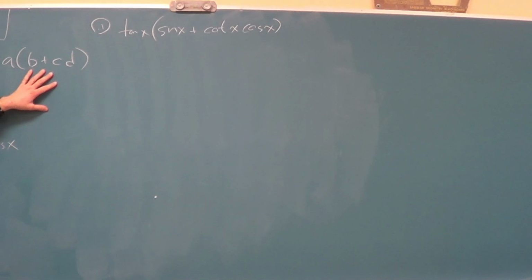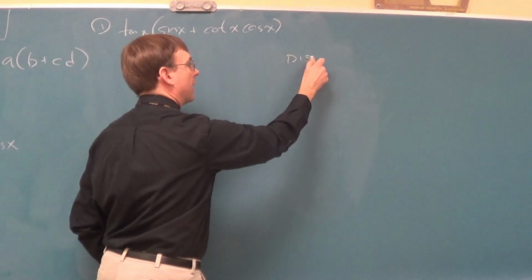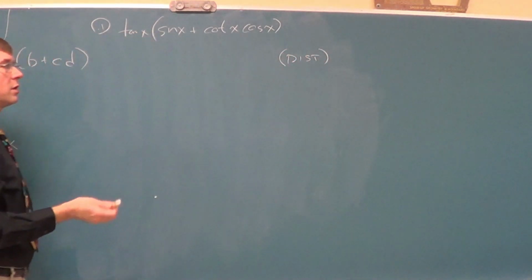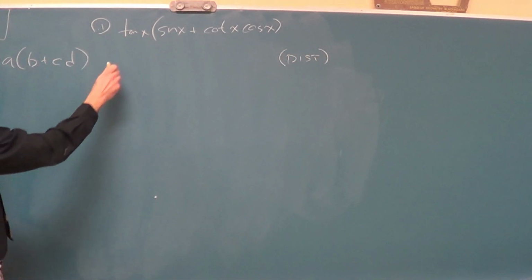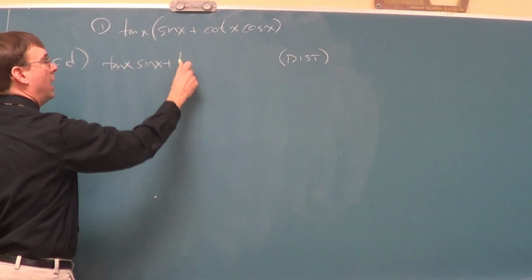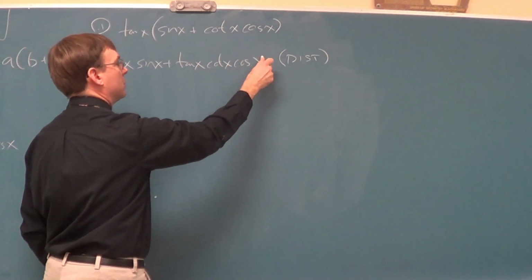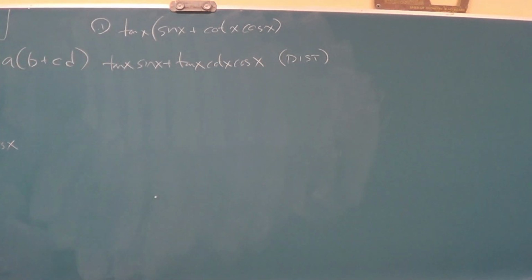It's distributing. So we're going to start off with this one with distributing. If you have a choice between algebra thoughts or trig thoughts, take algebra thoughts. So we go tan times sine plus tan times cotan times cosine. That's what that would look like if you distribute.